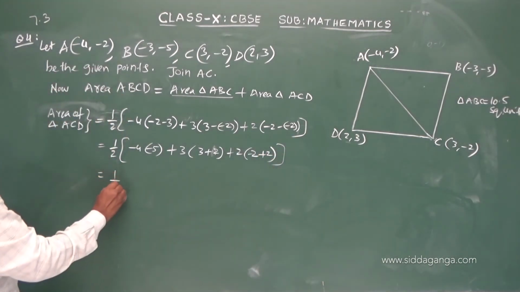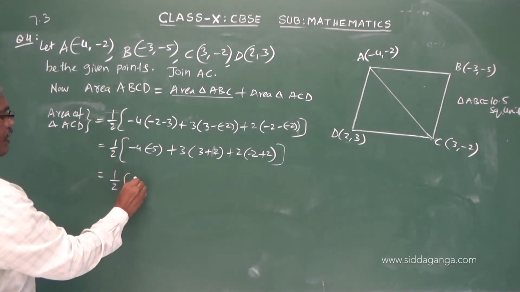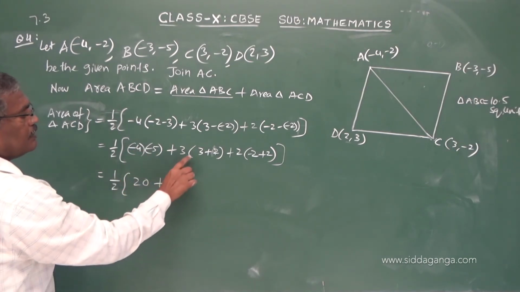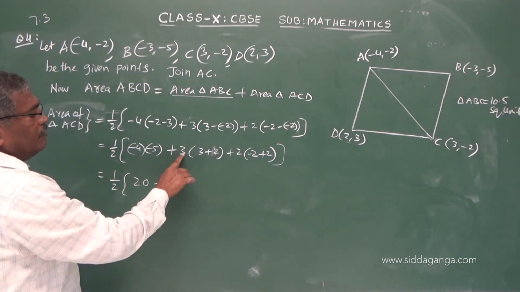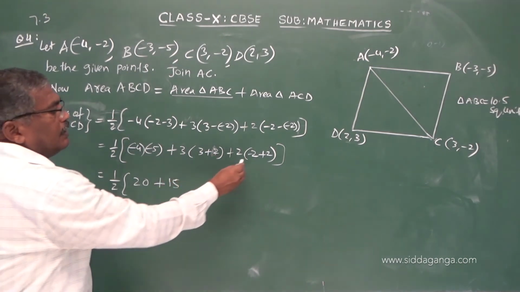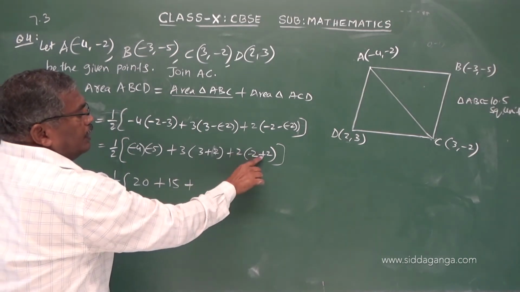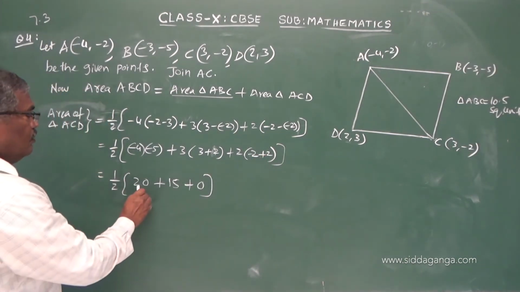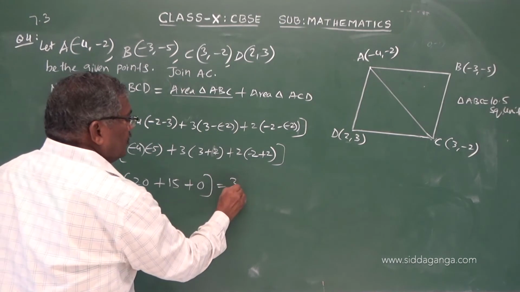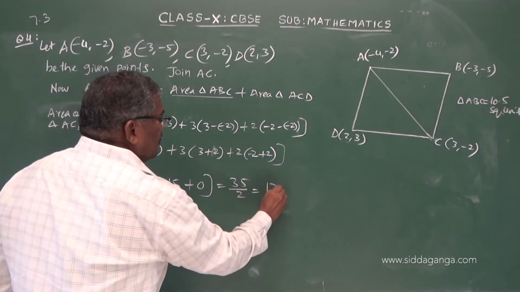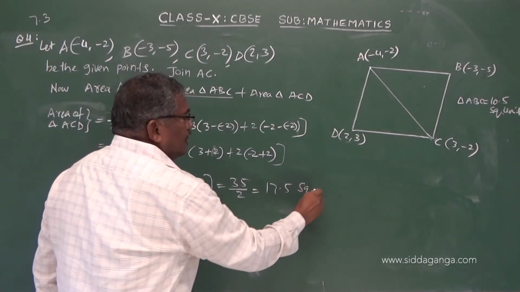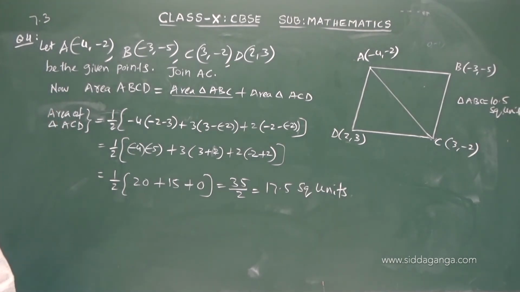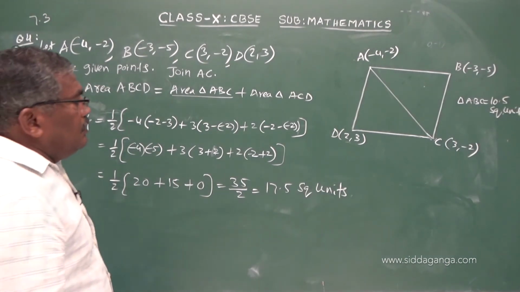So this becomes 1 by 2 into 4 5s are 20, minus 4 minus 5 becomes plus 20, plus 3 plus 2 is 5, 5 into 3 is 15, and 2 into 0 is 0, because minus 2 plus 2 is 0. So 35 divided by 2, 17.5 square units. So therefore, what is asked?